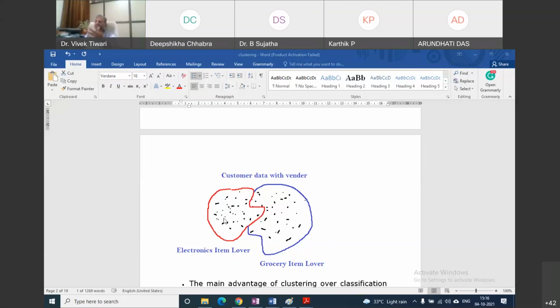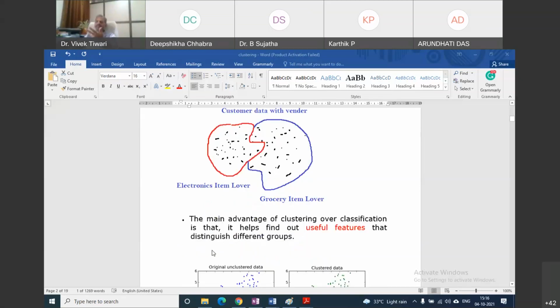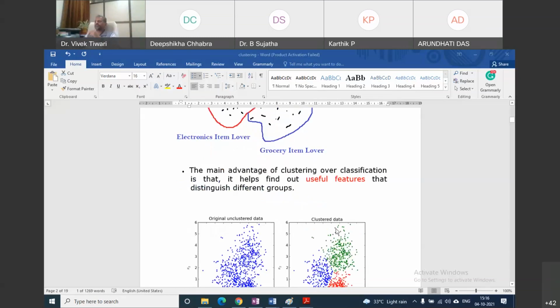Based on that, they can give a new name, and this new label can become a new feature. Many times after clustering, you may feed that information into classification. So the output of the clustering may become one of the input features for the classification. That's why it's called a kind of feature.